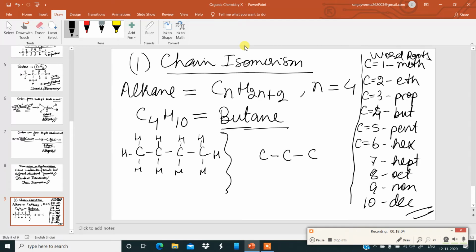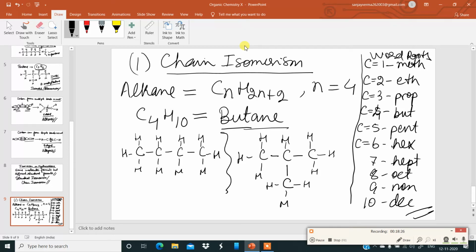3 carbon atoms in a straight chain, and I do one branching like this. So this way I put the hydrogens. So you check.